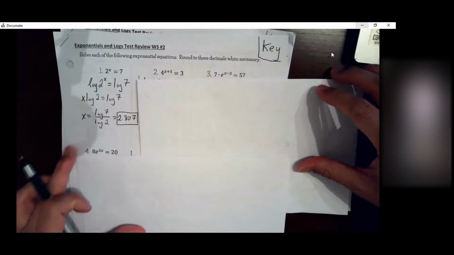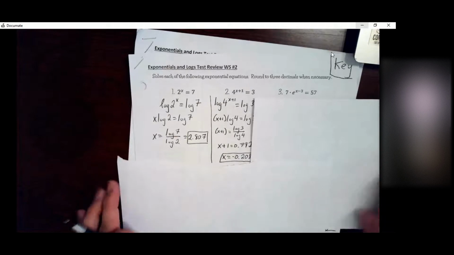Okay, number 2. We'd do the same thing. We'd make it logs, right? And then we bring the x to the front. Would we distribute the x plus 1 with log 4?